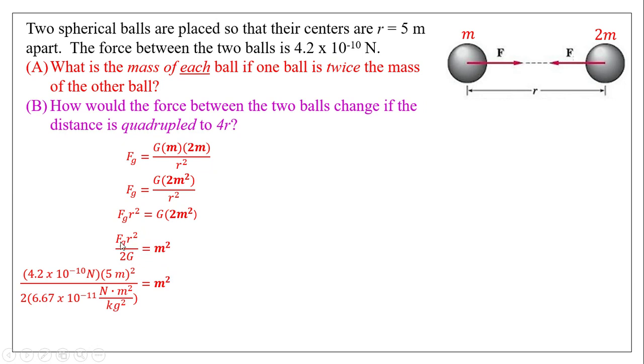F of g in this problem is given as 4.2 times 10 to the negative 10 newtons. So that's where that value in the first parentheses comes from. R is given in the statement. It says their centers are 5 meters apart. So here is 5 meters. I want to square that because this is r squared. So don't forget the square. And then the 2, that's just part of the function in this particular problem, because again, m times 2m gives you 2m squared.